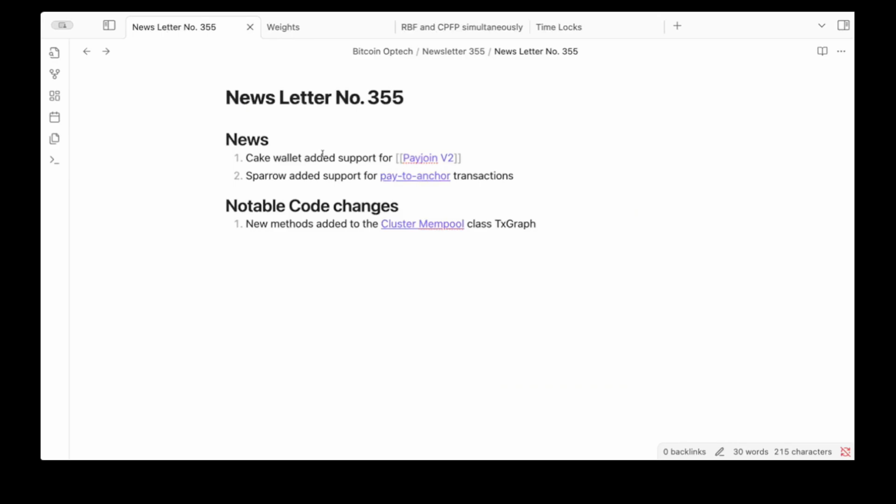Payjoin V2 is now clearly defined as a BIP, and it is up to the wallets to adopt it. Once there is sufficient wallet adoption, I think the protocol will be of much more use.